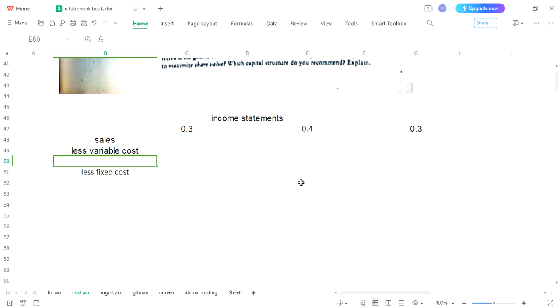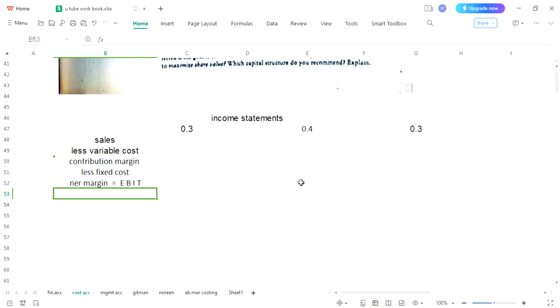Subtracting variable cost from sales, we get the contribution margin, and after subtracting fixed cost, we get the net margin. It is also called EBIT, earnings before interest and tax.